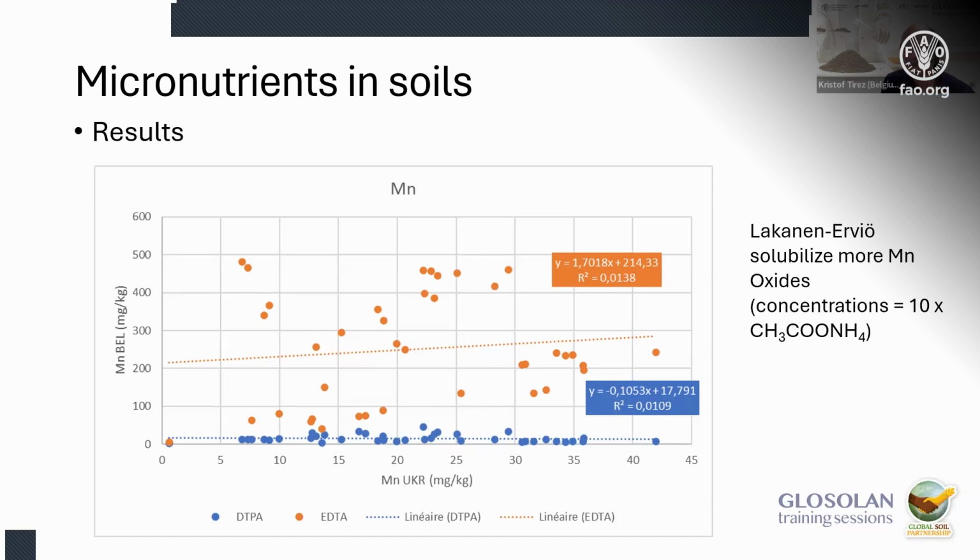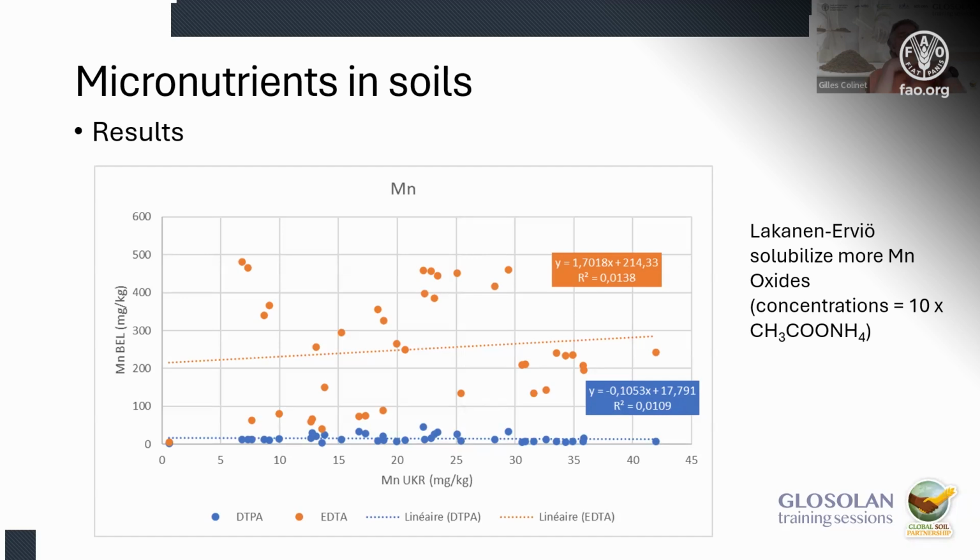We have BPA in France, for which we have reference values for a series of analytical elements. I think we have reference values for the total content, quite sure. I'm not sure we have a reference value for DTPA or other, or EDTA.